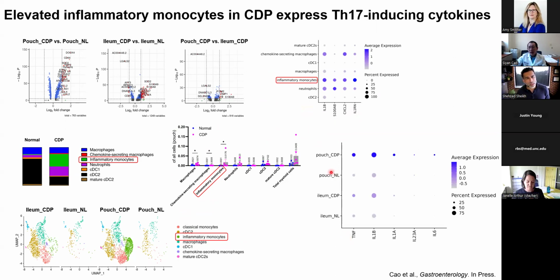We also show that the inflamed monocytes from the CDP tissues, especially the pouch body, express increased cytokine genes, including TNF, IL-1 beta, and IL-23, which may contribute to the proliferation of Th1 and Th17 cells in CDP tissues.